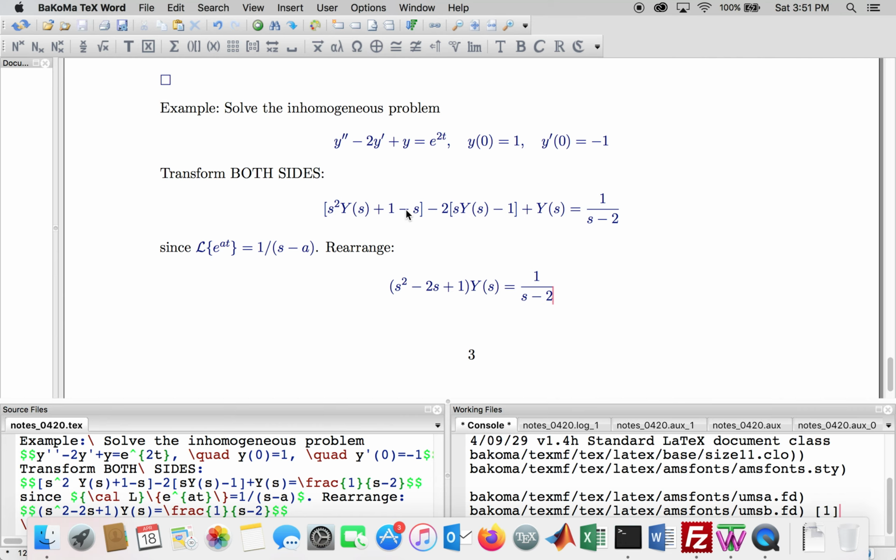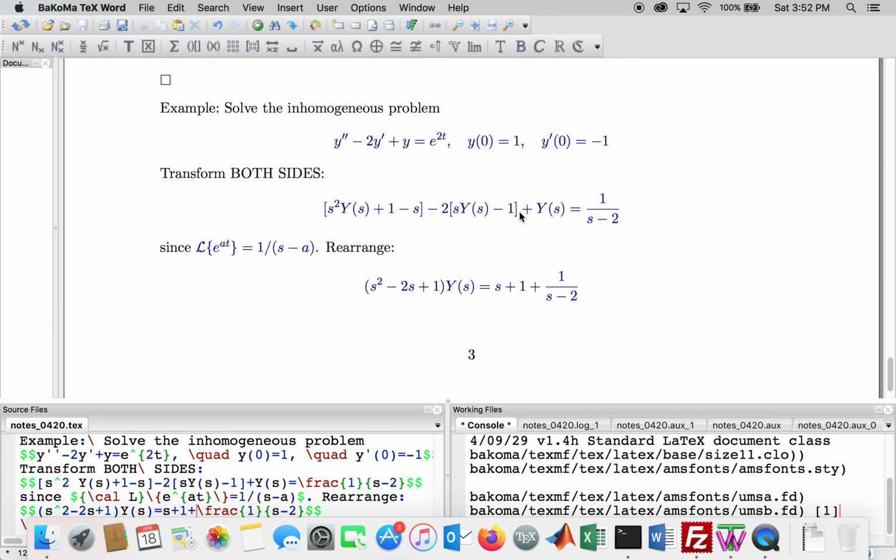So I have a minus s, that'll be moved over, so I'm going to have a plus s over here. And then I have a minus 1 that's moving over, so that'll become a plus 1. And then I have plus 2 over here.